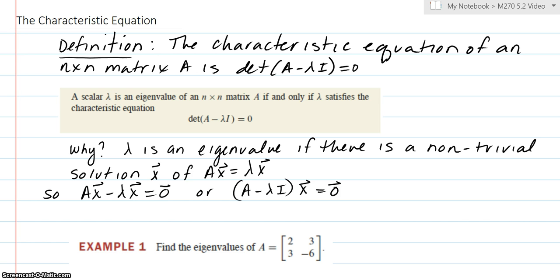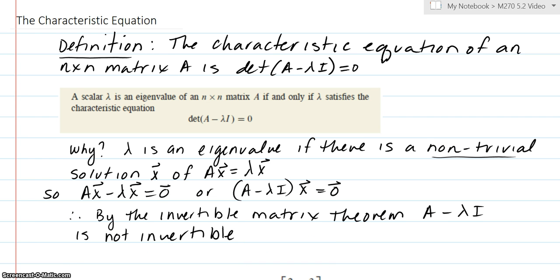And we know by the invertible matrix theorem that if the homogeneous equation only has the trivial solution, then this is invertible. But we want there to be non-trivial solutions. Therefore, we can say that by the invertible matrix theorem, A minus lambda I is not invertible.